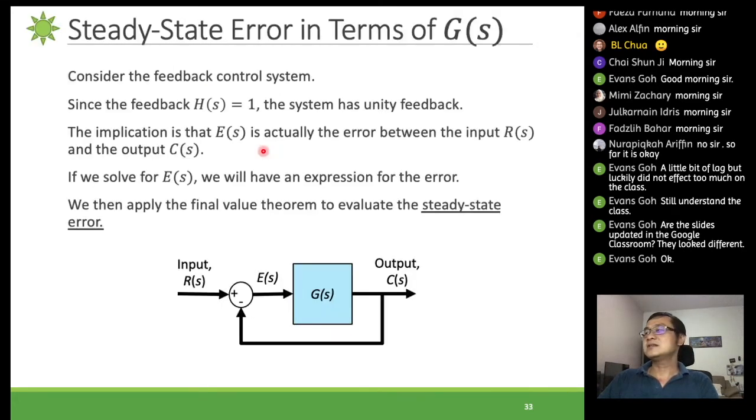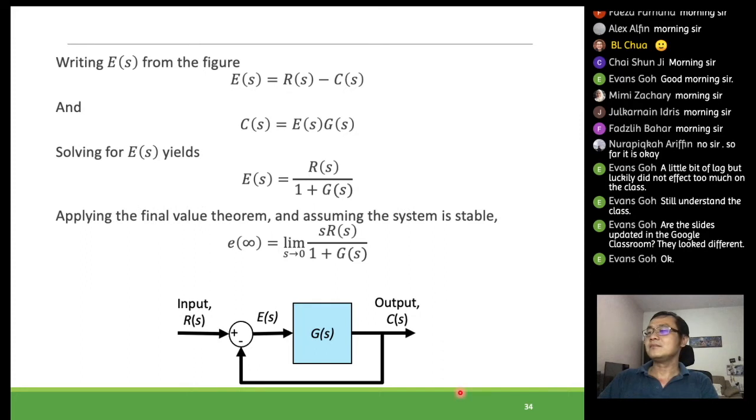Whereas in this form, we take this output going back and re-enter it into our system, so our error equation slightly changes to R divided by 1 plus G(s).